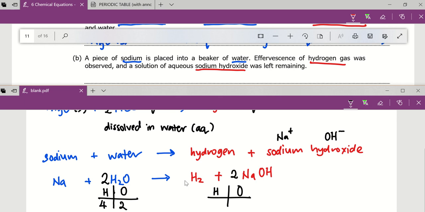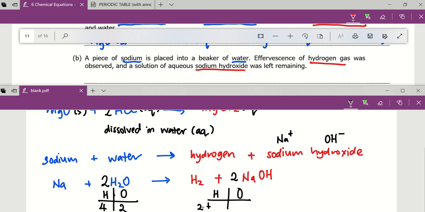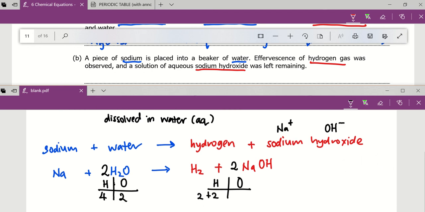In H2, I have 2 over here, and I have 2 from the 2 of NaOH. Right, so this will give me 4, which is what we want. For oxygen, it is only from NaOH over here, so there are 2 sets of NaOH, which means that I have 2 oxygen. And looking back at here, hydrogen and oxygen are balanced.